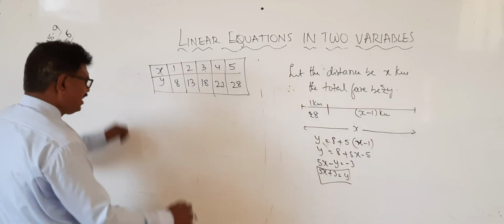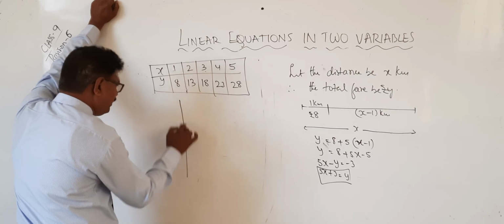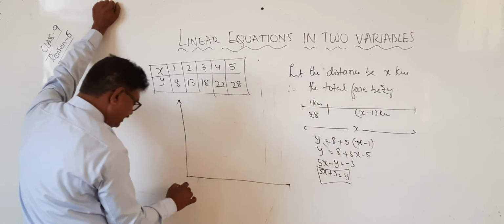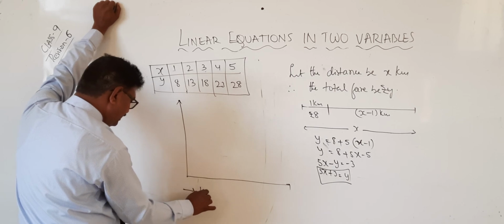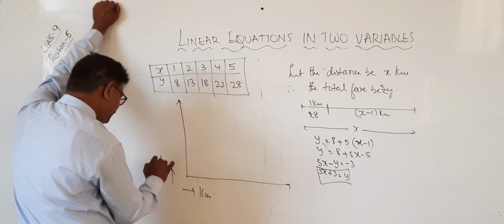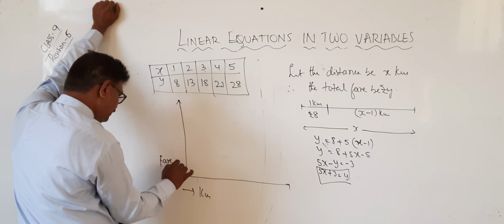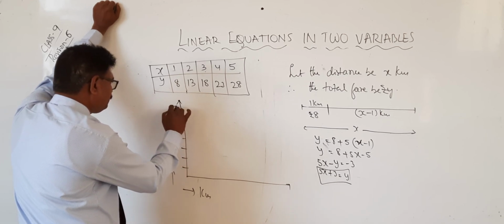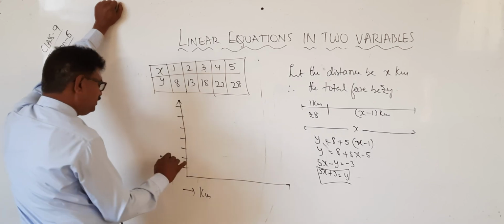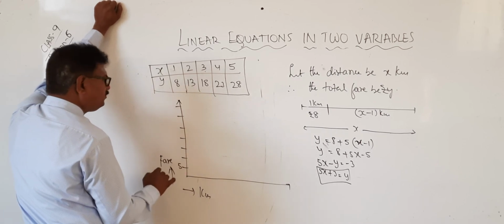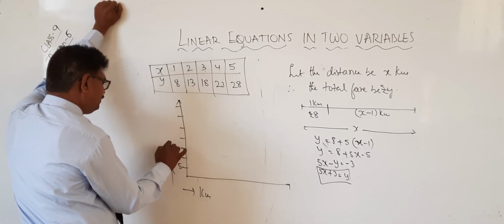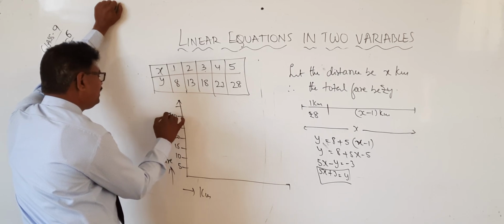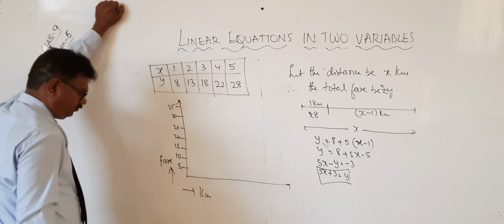How to draw this graph? So very simple. You see the graph? Here it is kilometer and here it is fare. Like this. Okay? So very simple. 5, 10, 15, 20, 25, 30.